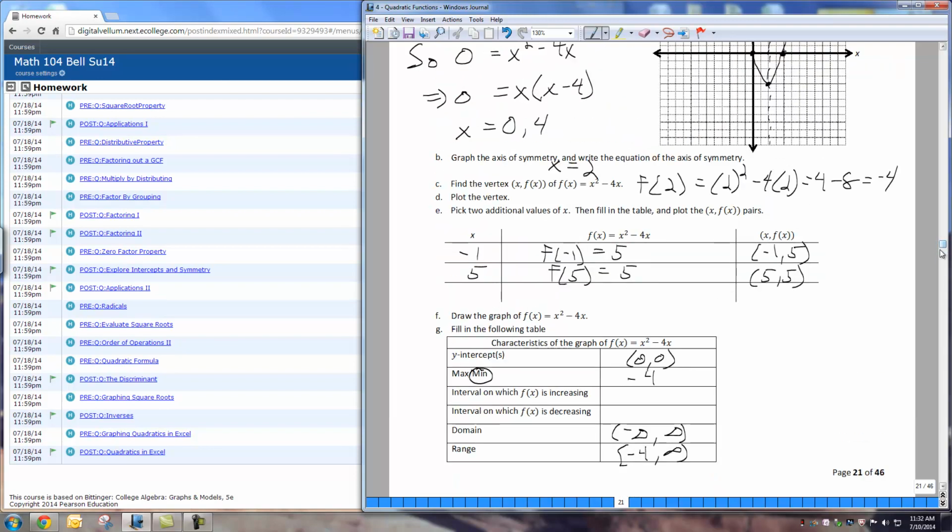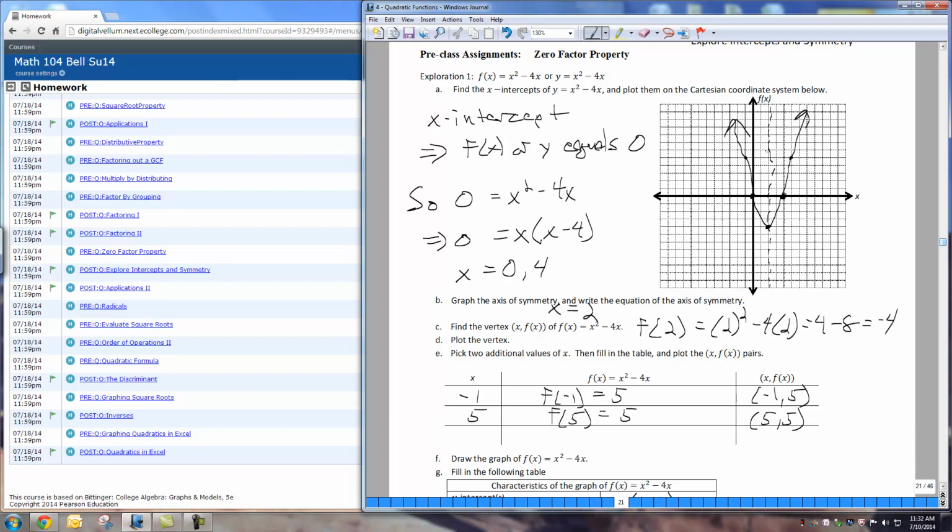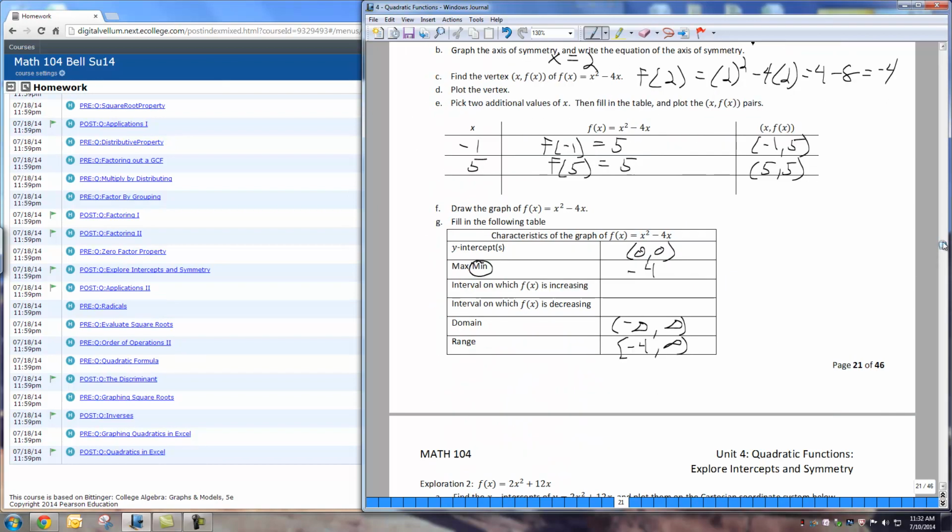Now looking where it increases or decreases, notice on the left-hand side of the axis of symmetry, the function is actually getting smaller, and on the right-hand side, the function is getting bigger. So that means it increases from 2 to infinity, because my axis of symmetry is at 2, and it decreases from negative infinity to 2.